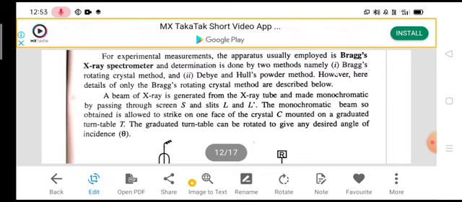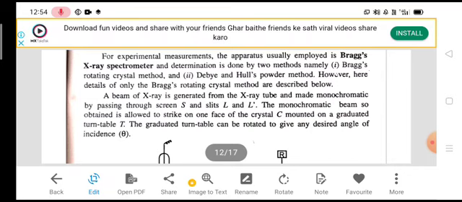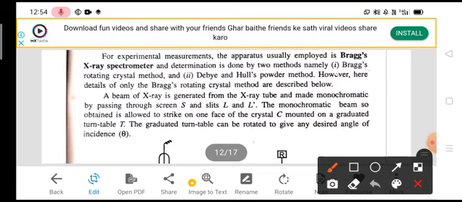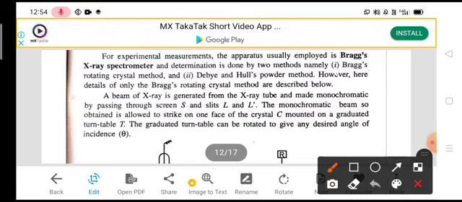The apparatus usually employed is Bragg's X-ray spectrometer, and determination is done by two methods. One is Bragg's rotating crystal method, and the second one is the powder method.